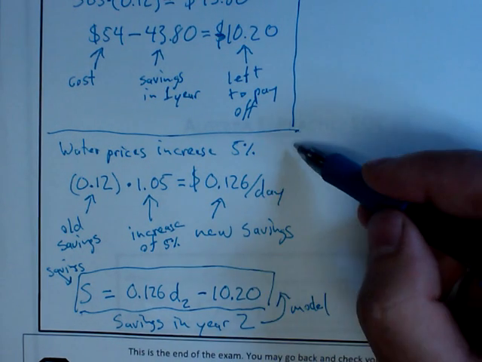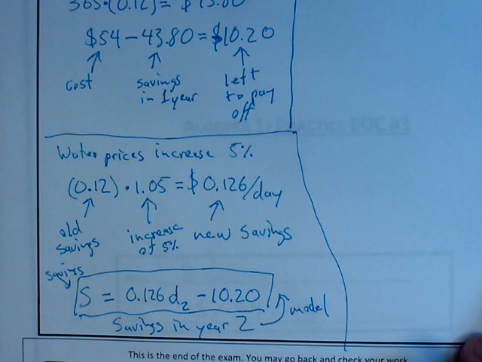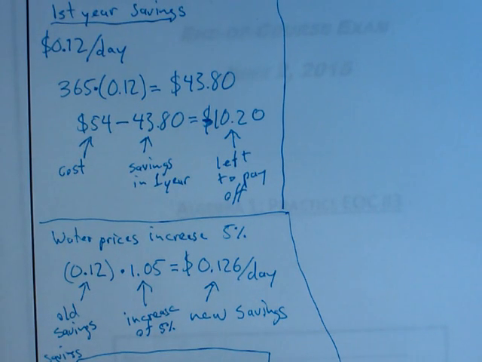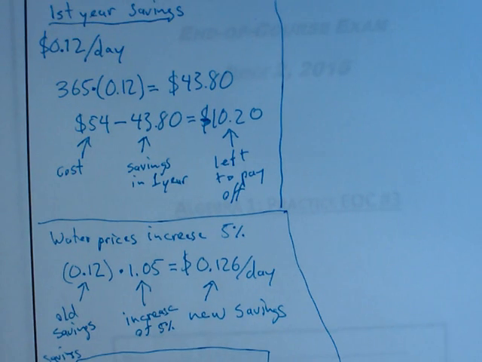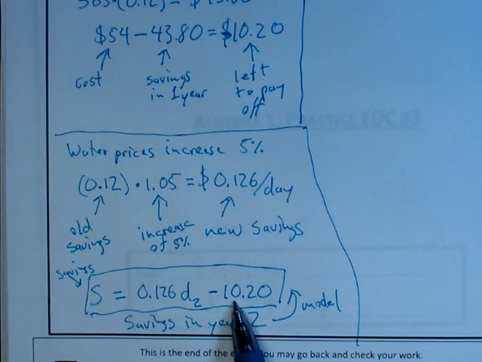Okay, so let's use our model now to determine when the family will start saving money. So the family will start officially saving money when S is equal to 0. Right now, S is equal to minus $10.20.